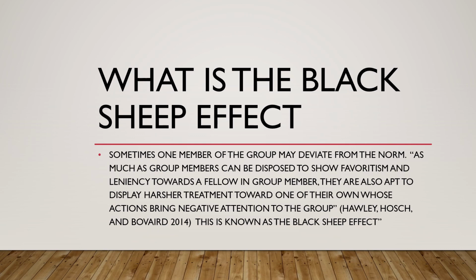And as much as a group member can be disposed to show favoritism and leniency towards a fellow in-group member, they are also apt to display harsher treatment towards one of their own whose actions bring negative attention to the group. This is known as the black sheep effect.